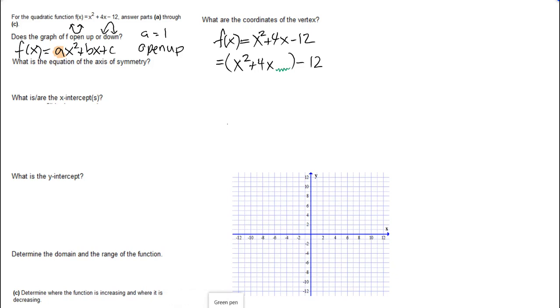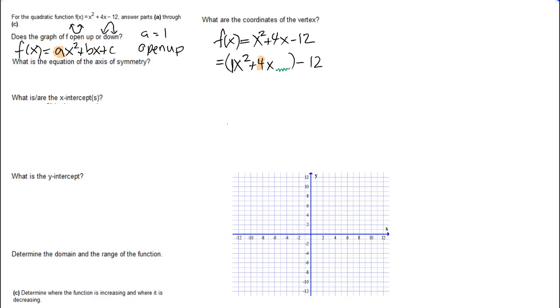So what we do is we start with the coefficient of the x term. Well, let me back up a little bit. First, you want to make sure that you have a 1 in front of the x squared term. If you don't have a 1 already, you're going to factor out whatever that coefficient is.